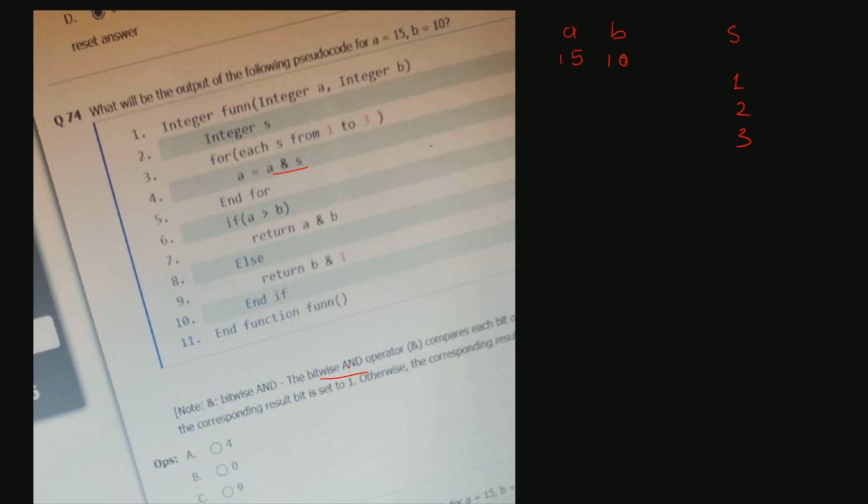So what is A? A is 15. The binary form of 15 is 1111. And what is s? For the first loop s will be 1, so 0001. So the answer for this will be 0001, that is our A will become 1.